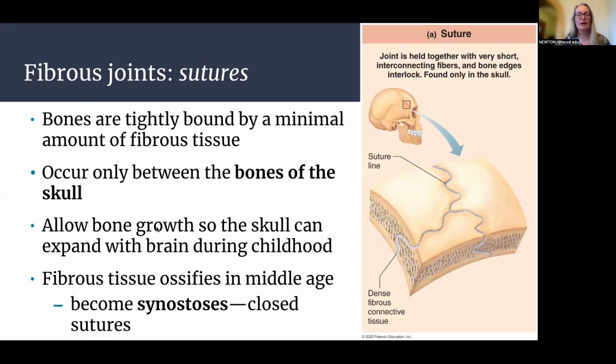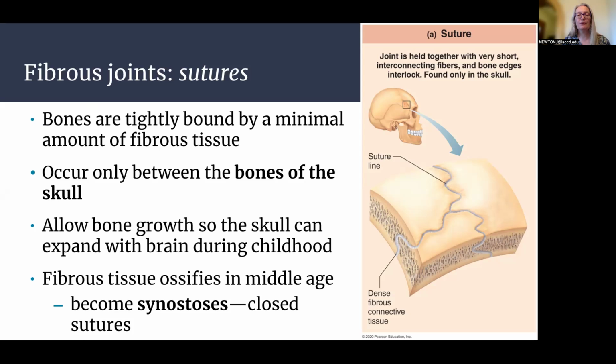Now, the purpose of not having a continuous bone here forming the skull, forming the cranium, is so that bone growth can occur during development so that the skull can expand with the brain.